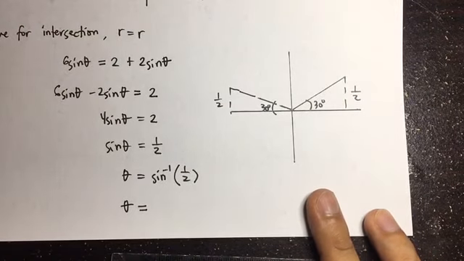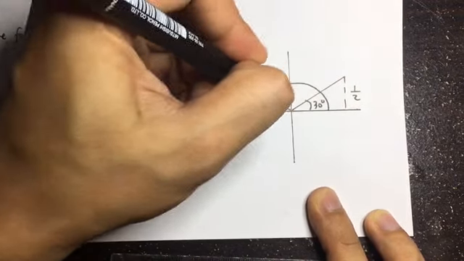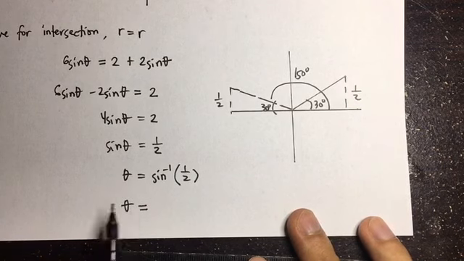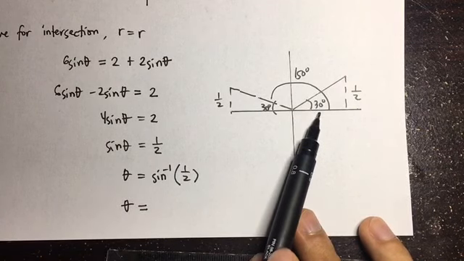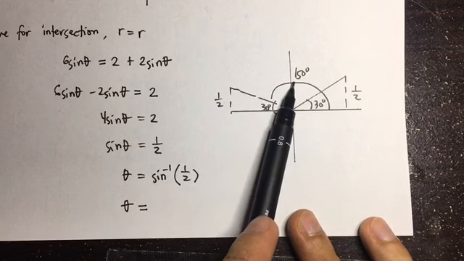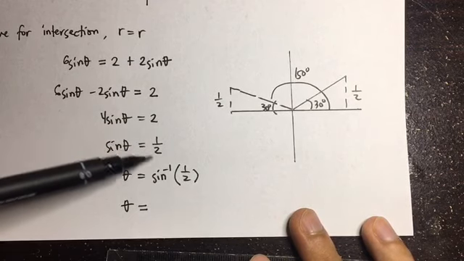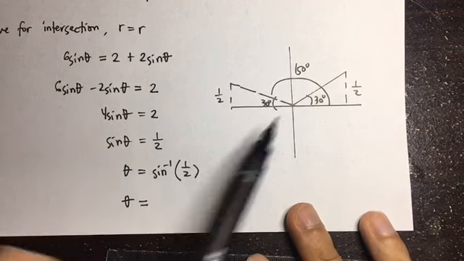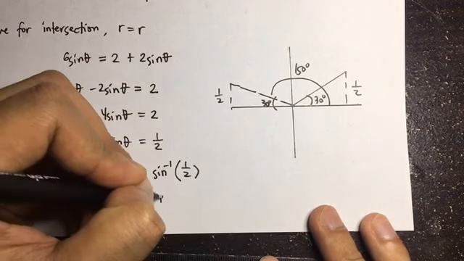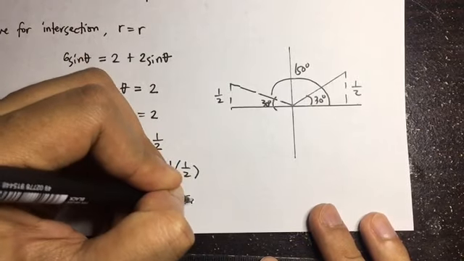If this is 30 degrees, then this is 150 degrees. So we have two values for theta: 30 degrees and 150 degrees. If you check with your calculators, both of their sines are 1/2. 30 degrees is pi over 6, and 150 degrees is 5 pi over 6.